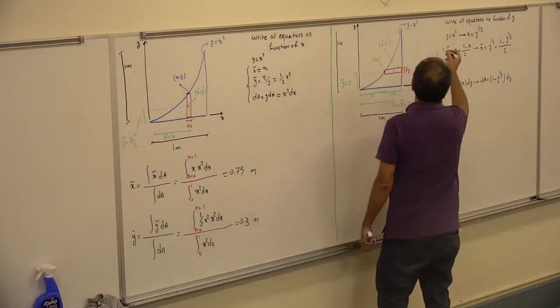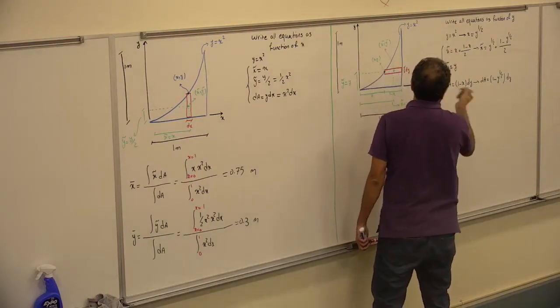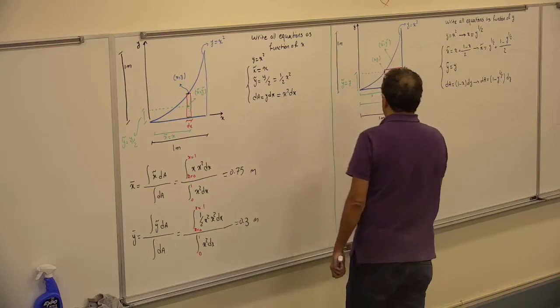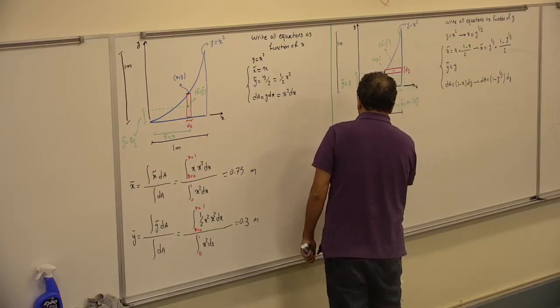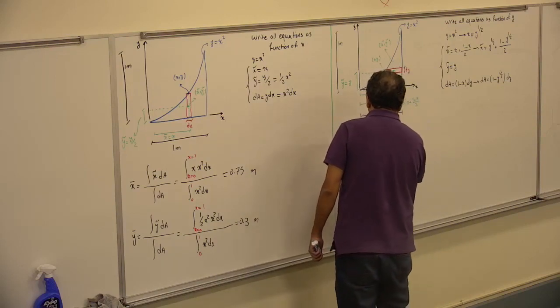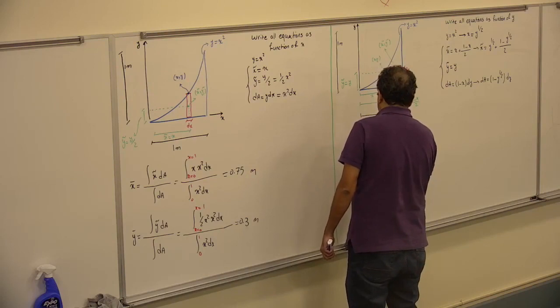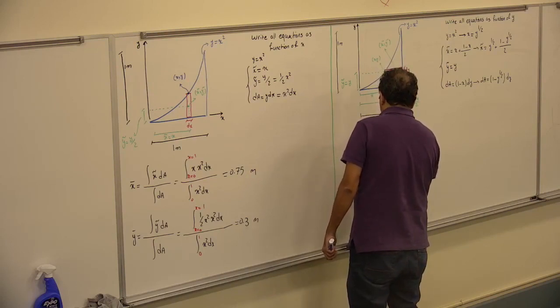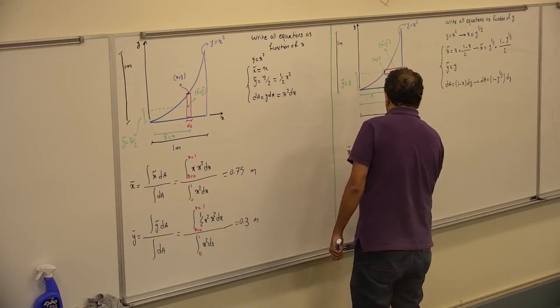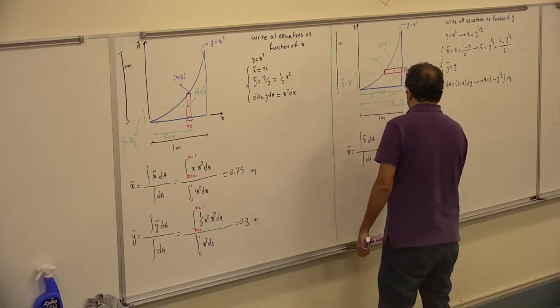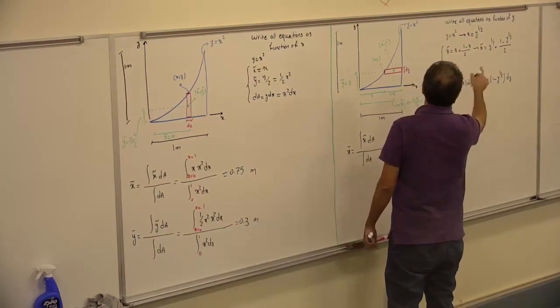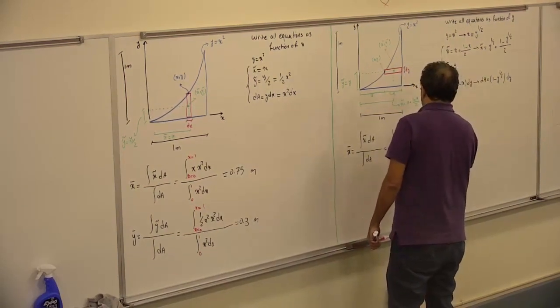So now I have these three, and I can use them in my x bar and y bar equations. So x bar would be the integral of x tilde dA over the integral of dA. X tilde is going to be... plus 1.